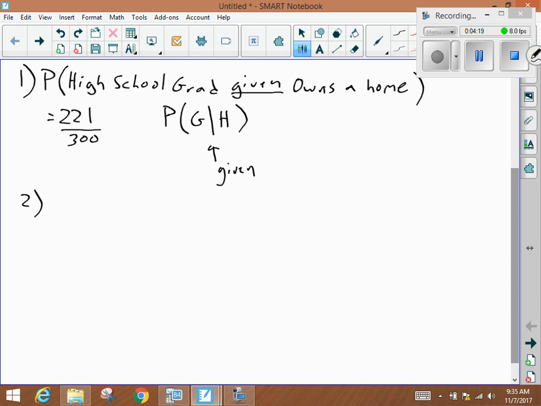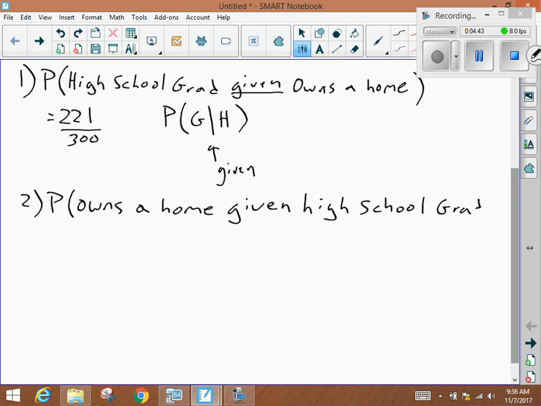So number 2, let's look at the probability that they own a home, given they are a high school graduate. It's a little different. This is the probability of H given G.